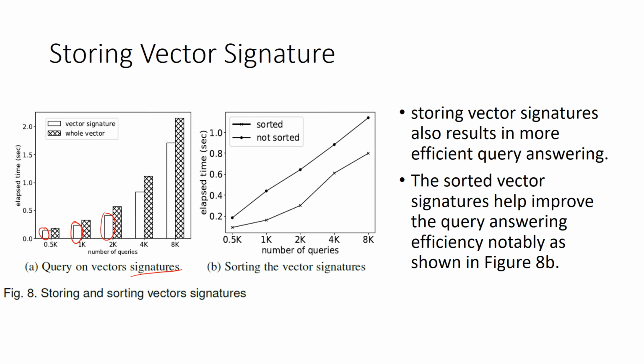And with the vector signatures, we can perform sorting on the inverted list, so that we can perform some pruning if the ordering information is obtained. As we can see, by sorting the vector signatures, we can further boost the query processing time.